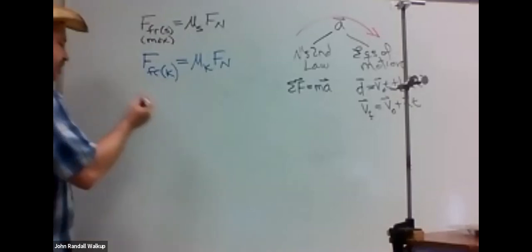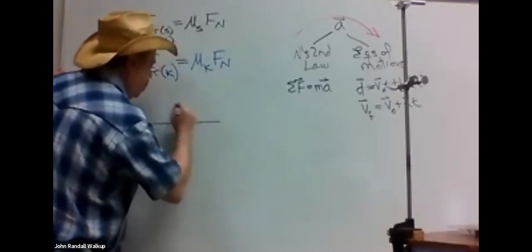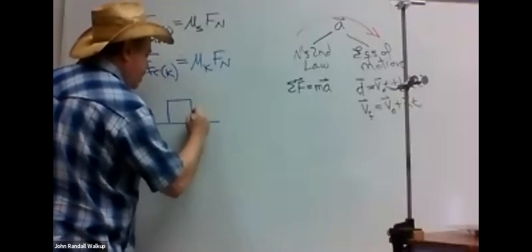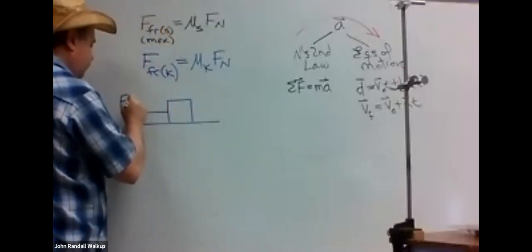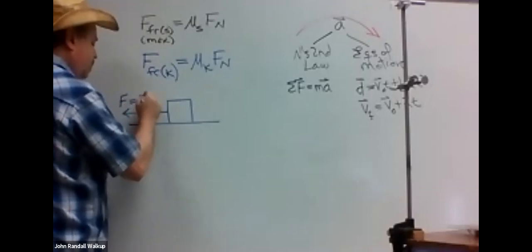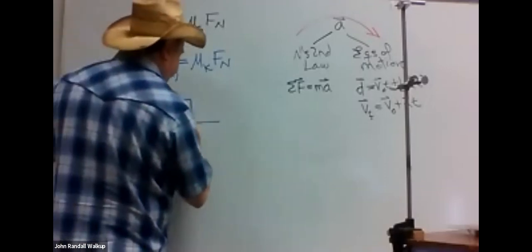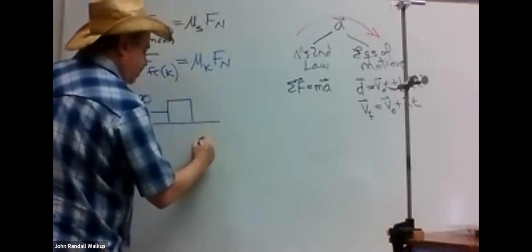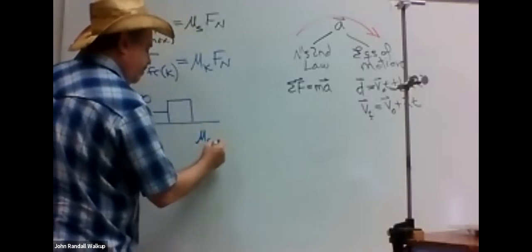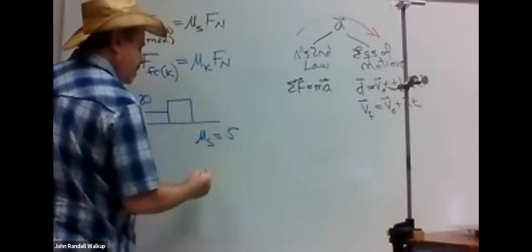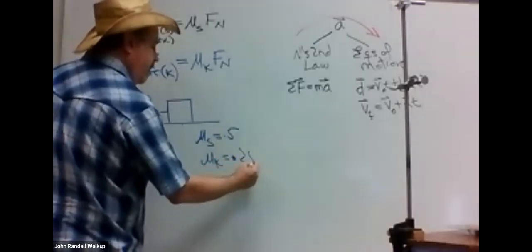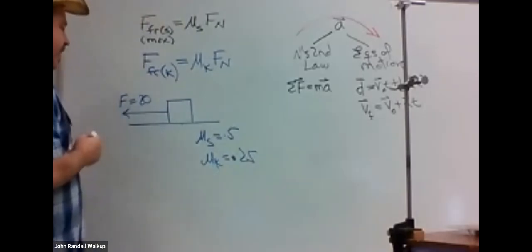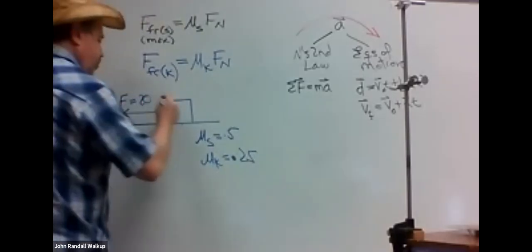So once I apply a larger force, let's just say that U sub S is 0.5, U sub K is 0.25. It's got to be less than in the static case.